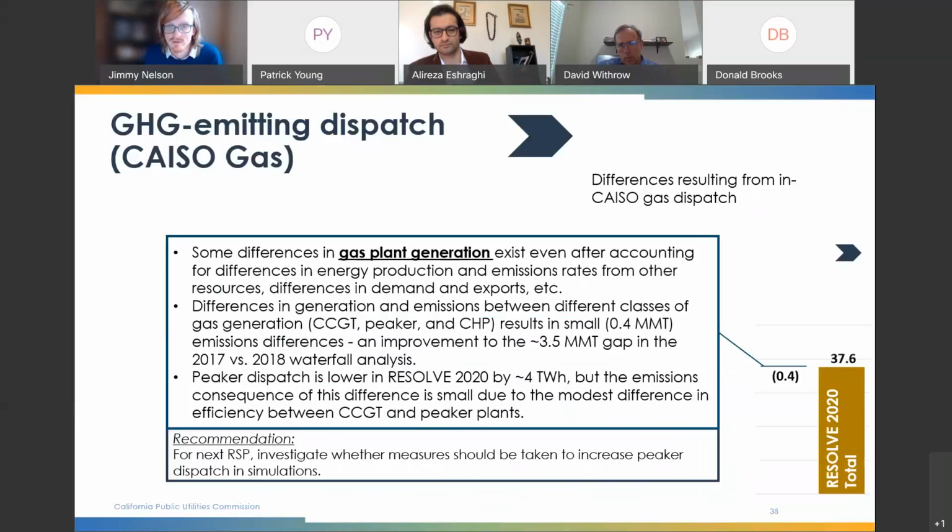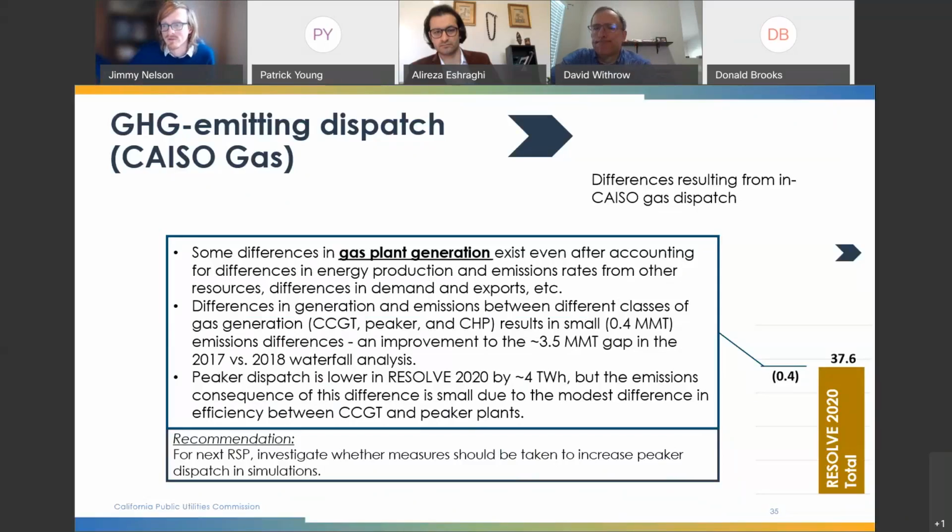And the last final category, which I think could cause some confusion, and I'm happy to answer questions on, is, let's imagine we've accounted for all of the other differences on the waterfall. We've adjusted for existing wind and solar capacities and capacity factors, accounting differences, biomass generation, coal generation, unspecified imports, all of those.